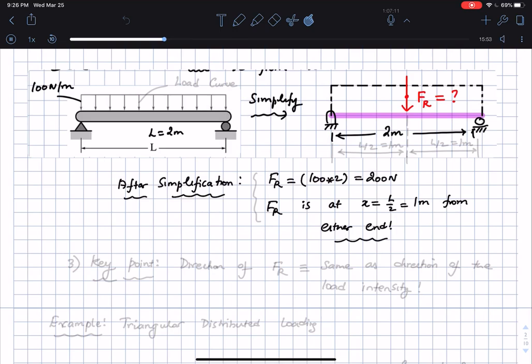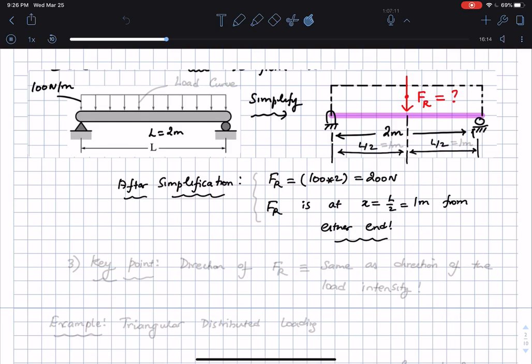So this is the situation seen here, and we can say that this distance, starting from here all the way to where the force is acting, is L by 2, and likewise this distance here is also L by 2.